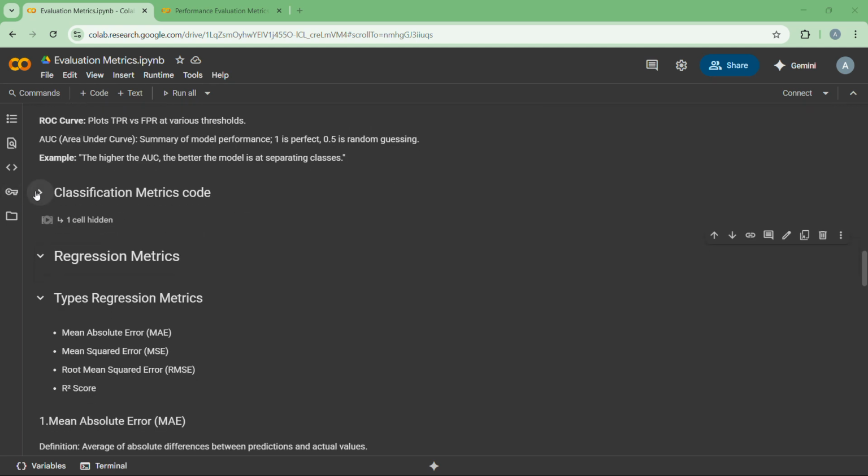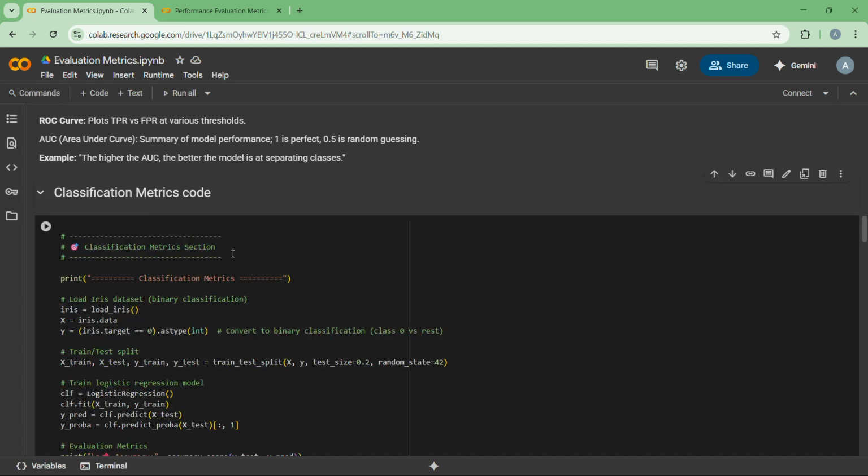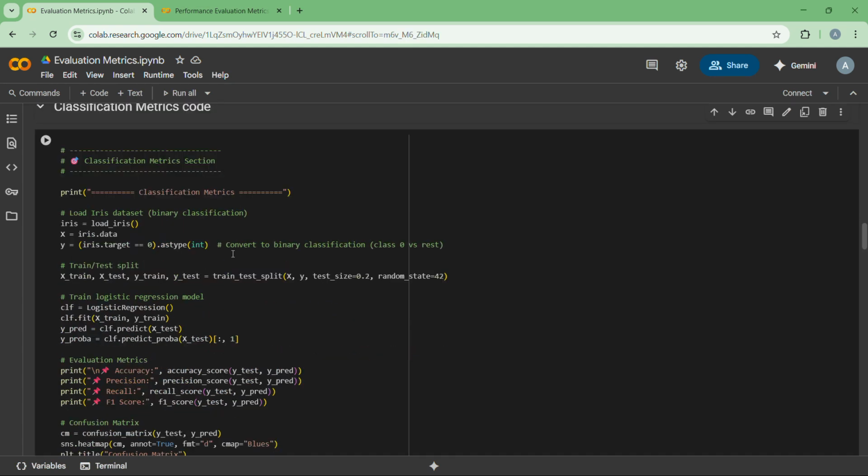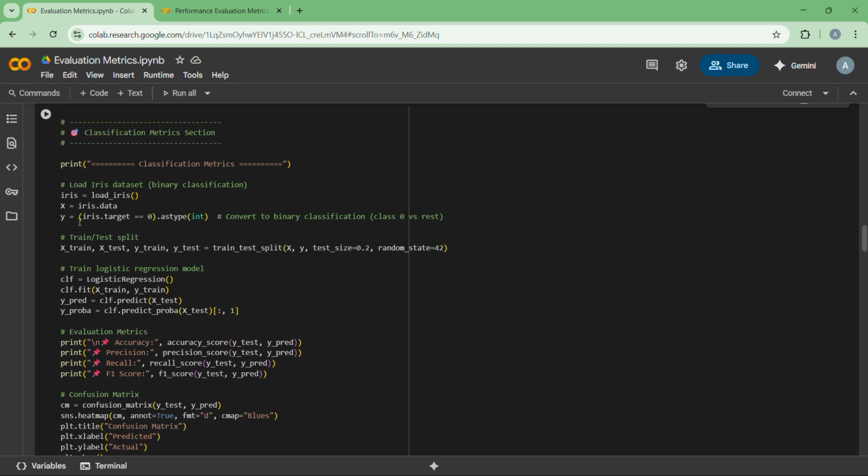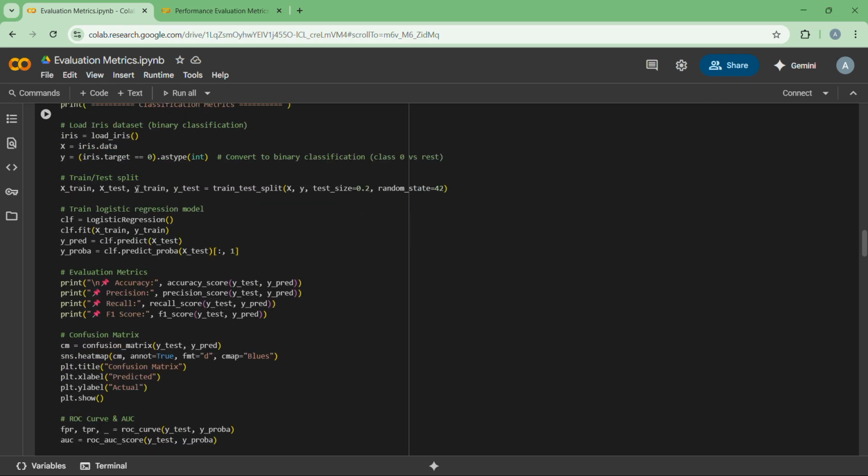And here is the classification metrics code. Here I load the data set and convert the y values into binary classification, and I split into train and test.